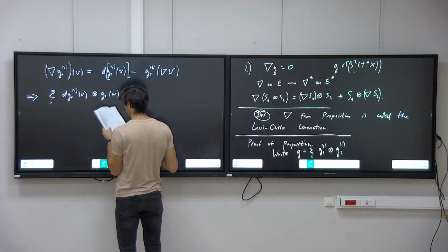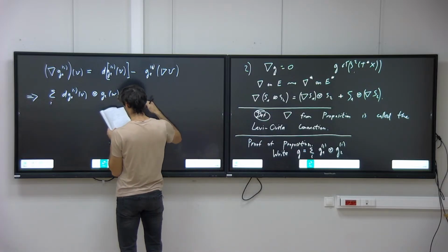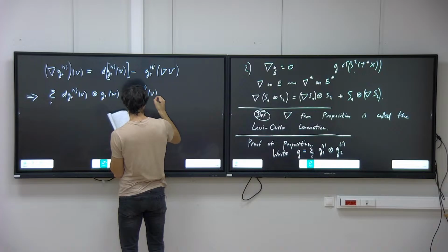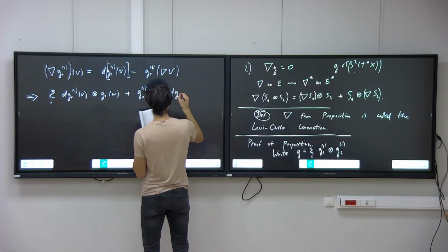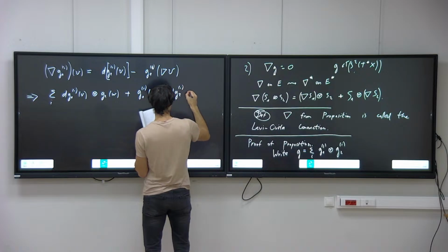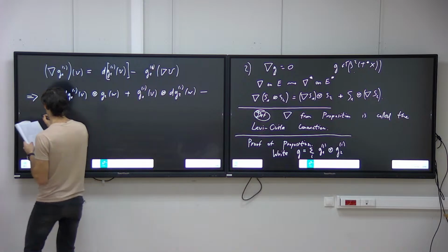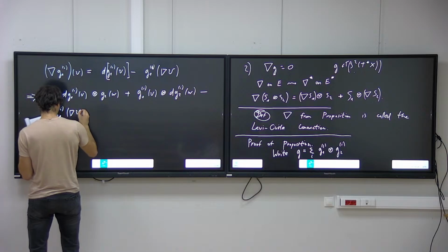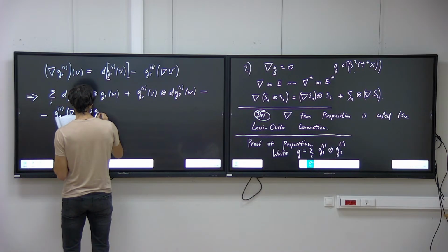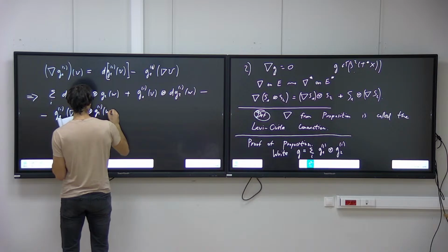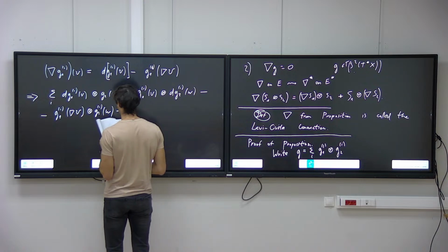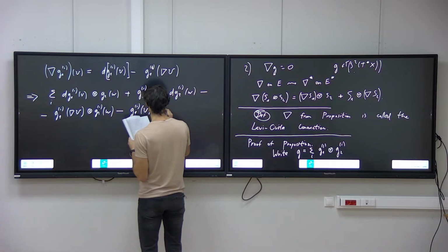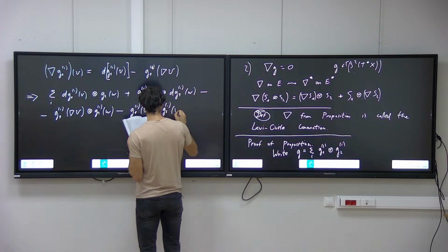So I have, by the Leibniz rule, I also need to act by d in here: g_1i(V) tensor d(g_2i(W)), and then minus g_1i(nabla V) tensor g_2i(W), and another term, minus g_1i(V) tensor g_2i(nabla applied to W).